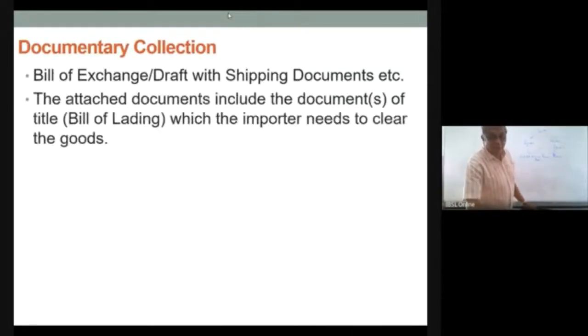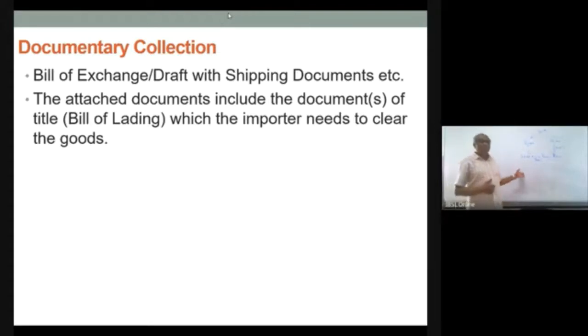Documentary collection. That is also there in URC 522 Article 2. You get clean collection and documentary collection.